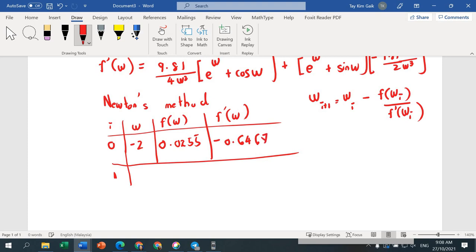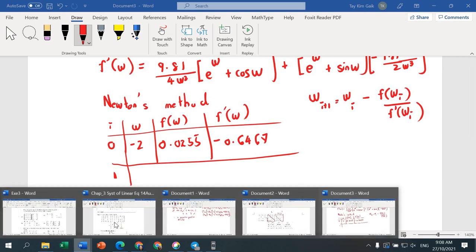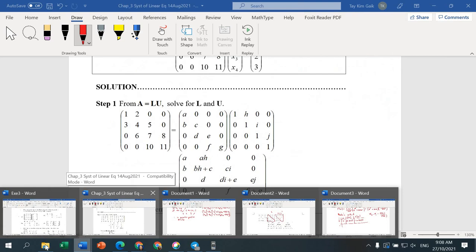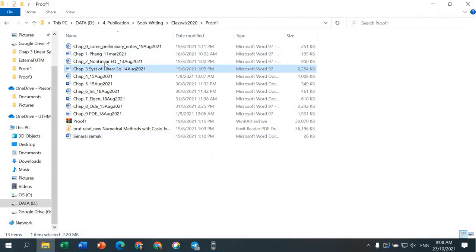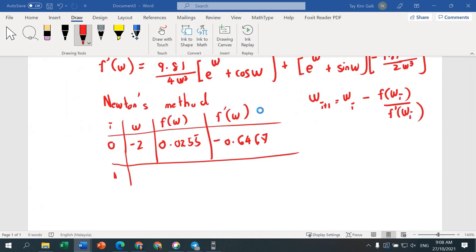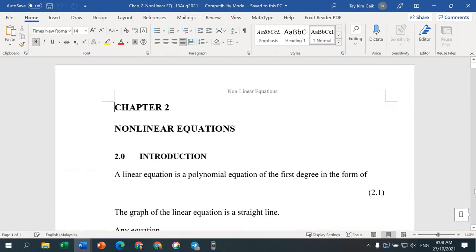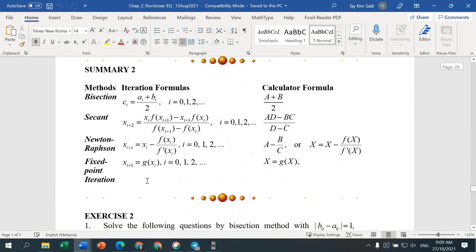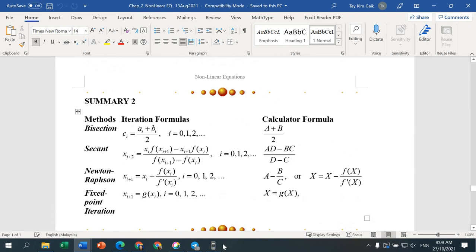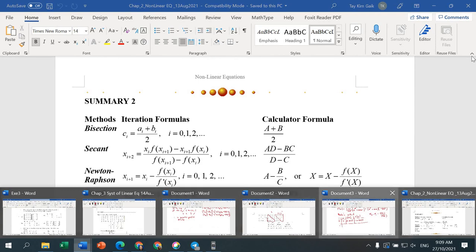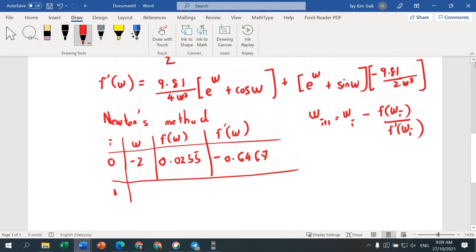Check whether the Newton's method formula is correct. So you want to calculate w1. I start from 0.